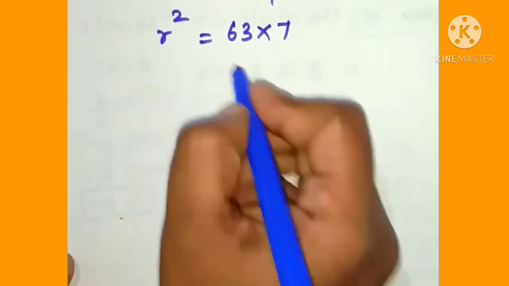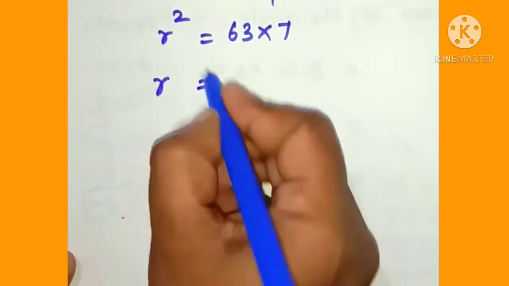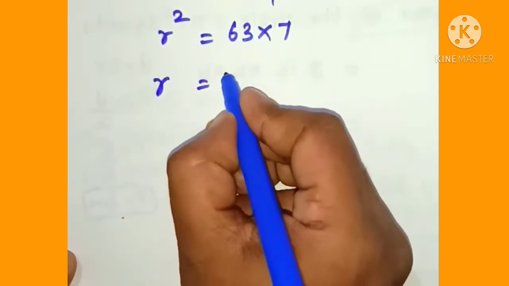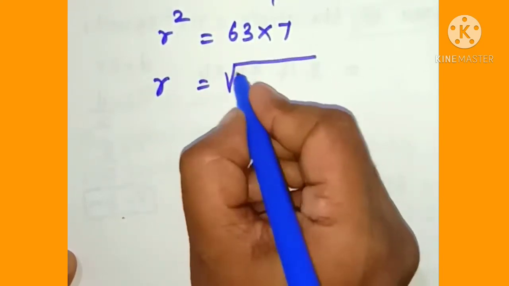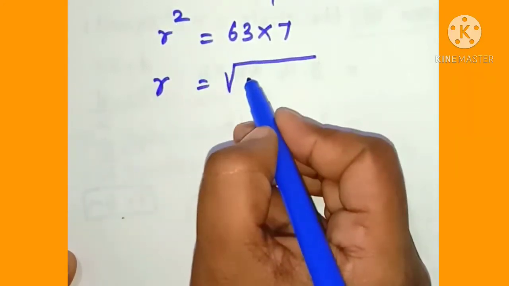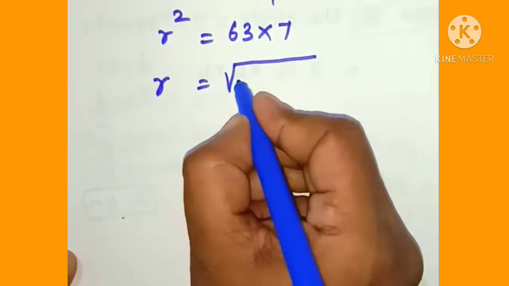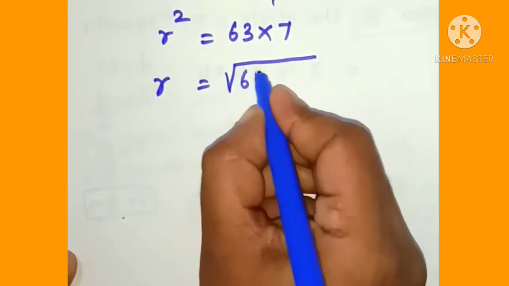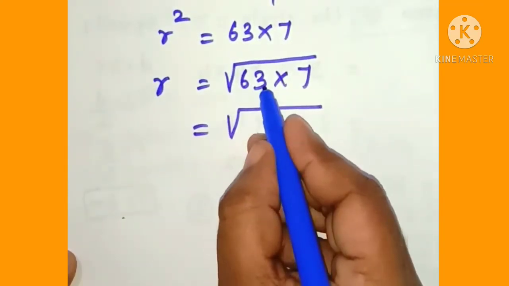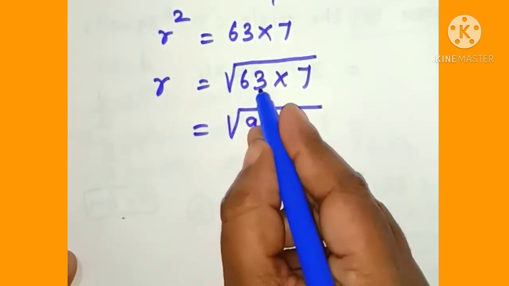Now students, to find the value of r, the square comes to the other side like square root. So when the square comes to the other side, it becomes square root. That is, r is equal to square root of 63 into 7. Now we can write 63 as 9 into 7. 9 sevens are 63.